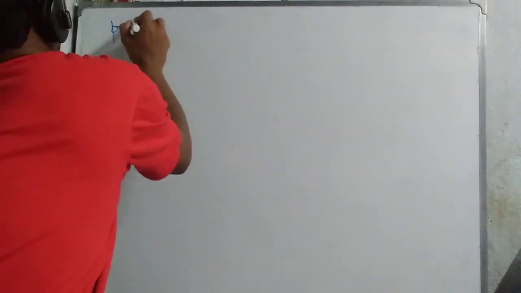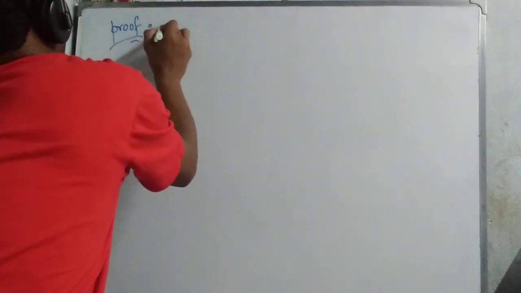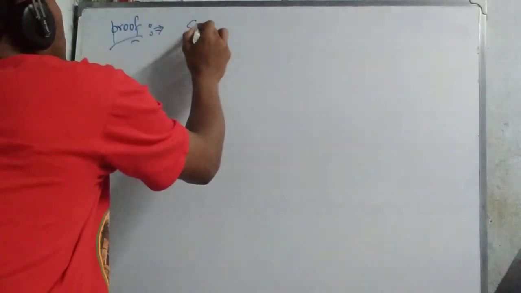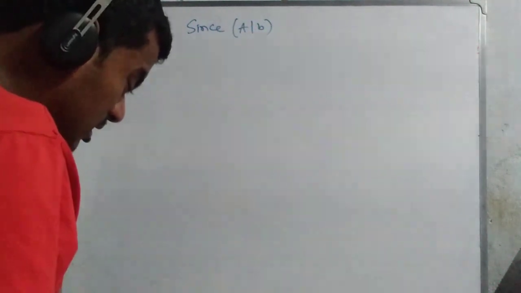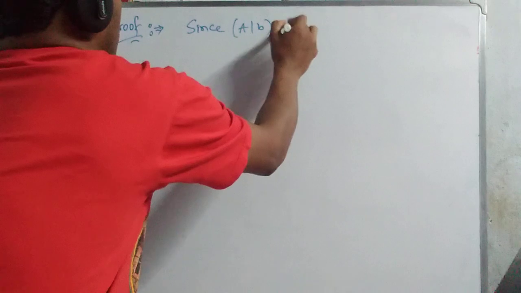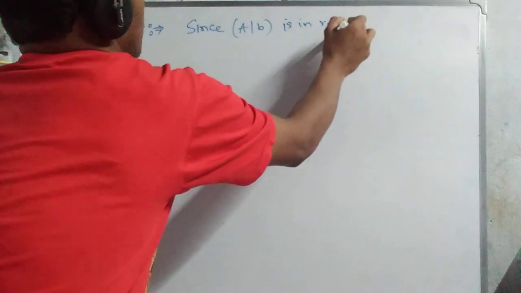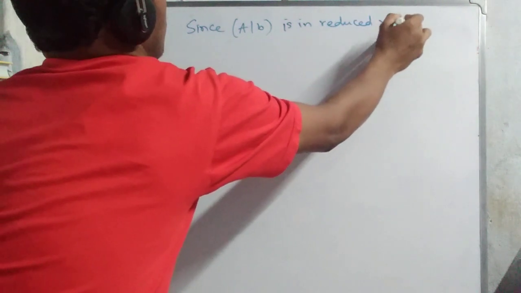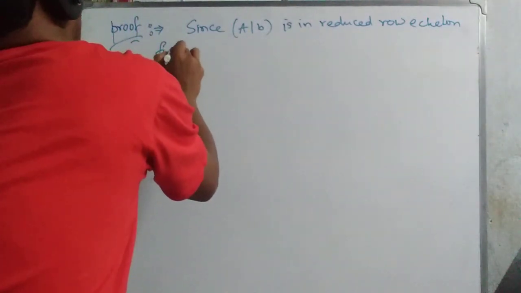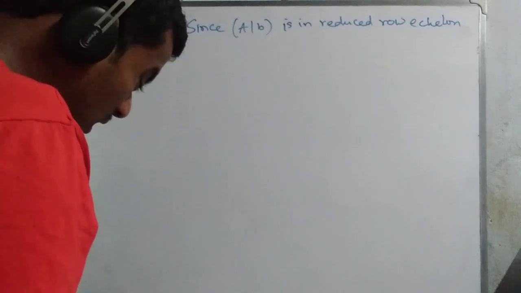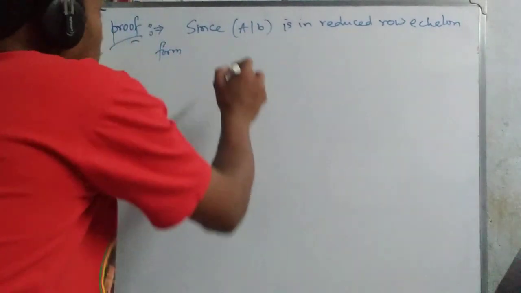Now we write the proof. Since A augmented B is in reduced row equivalent form, then what happened?